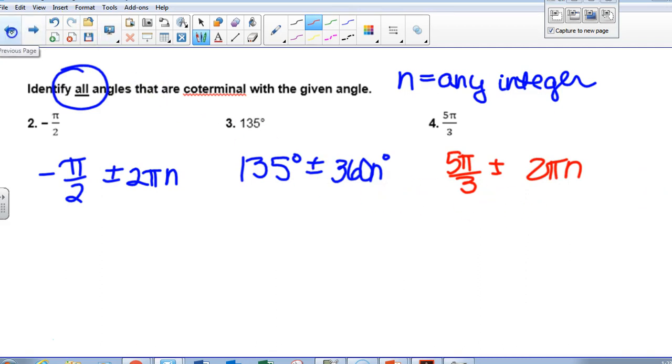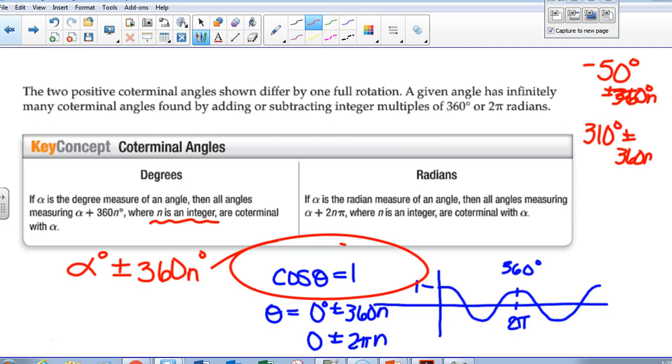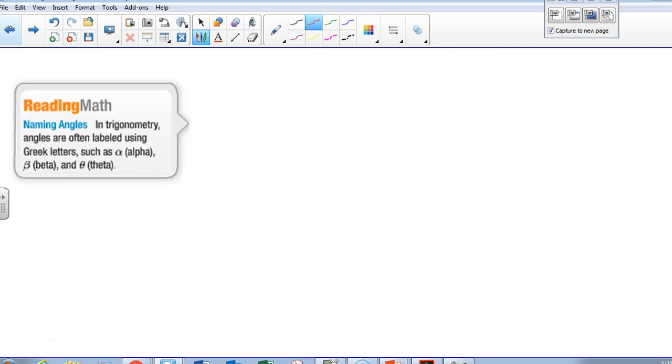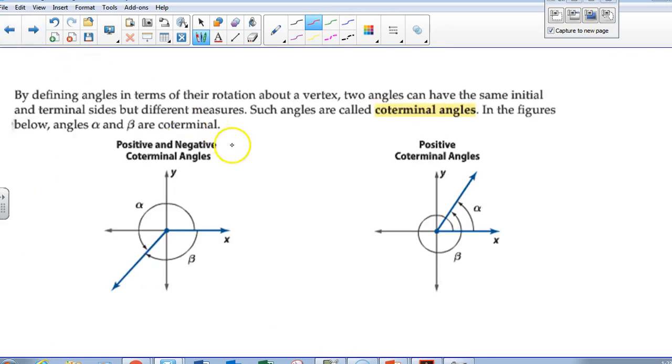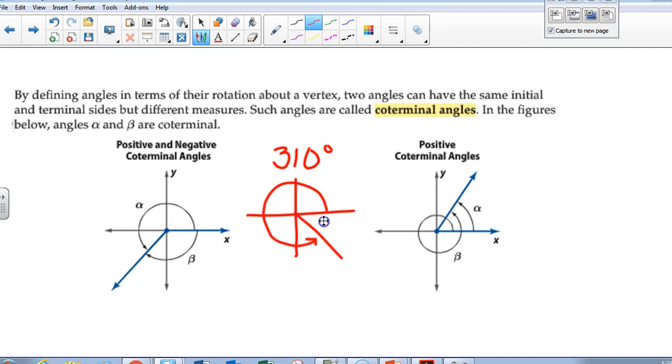All right. I felt like there was something I forgot to talk about back here. Oh, yes, the Greek letters. If I talk about, we'll say 310 degrees, we're going to talk more about reference angles tomorrow, I think, but 310 is around here with a 50-degree reference angle. Everybody know what I'm talking about?